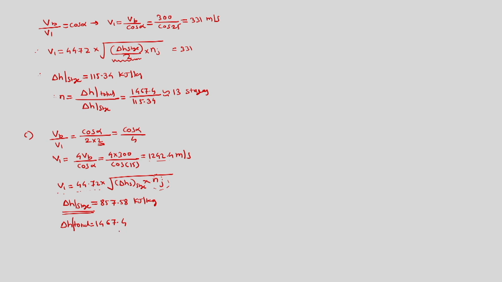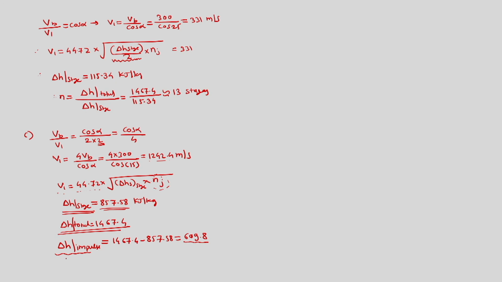So we subtract 857.58 from here, and the delta H for simple impulse is 1467.4 minus 857.58, which is 609.8. This is the enthalpy drop if we use all the stages after the 2-stage Curtis as impulse.